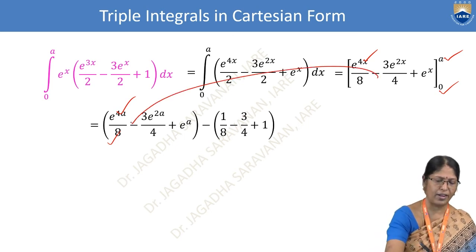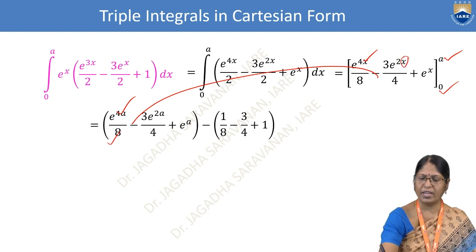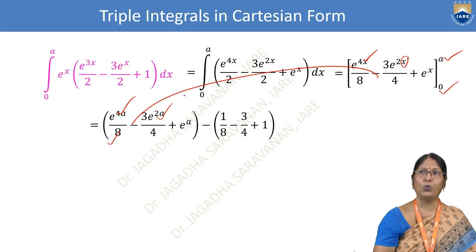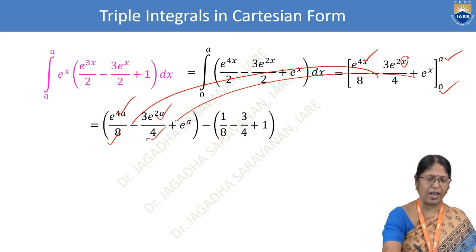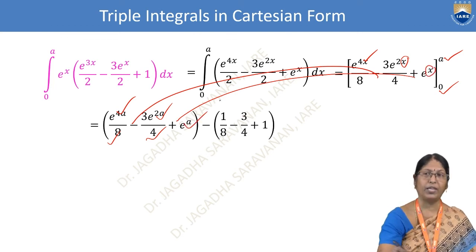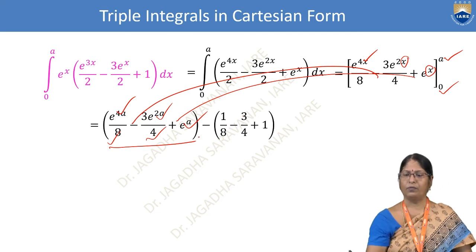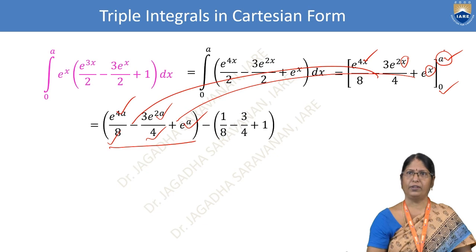This minus sign as it is. 3 into e^(2a)/4, where we substitute a. This plus is as it is. Here we substituted, it has become e^a. So the upper limit work regarding a is completed.